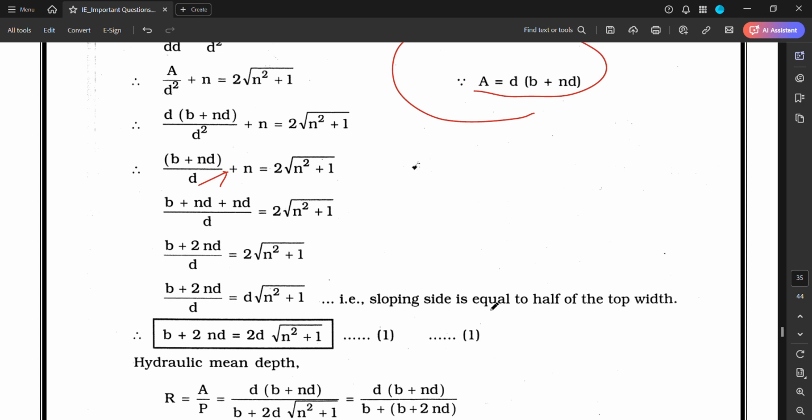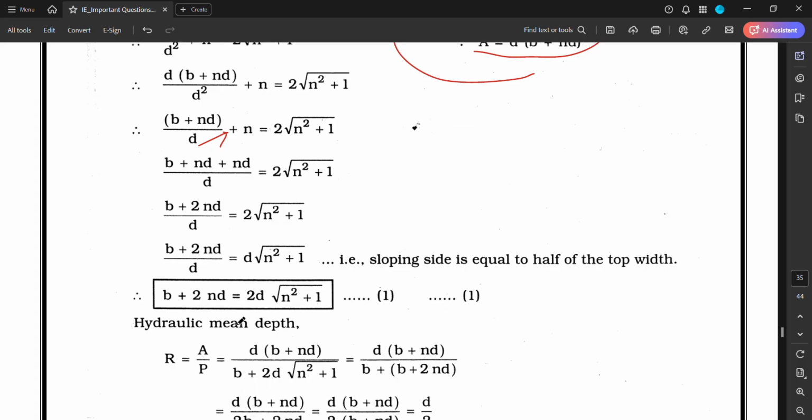Half of the top width is equal to the side slope length. So B plus 2nD by D is equal to 2 under root n square plus 1. Okay, B plus 2nD is equal to 2D under root n square plus 1. Here is a 2.